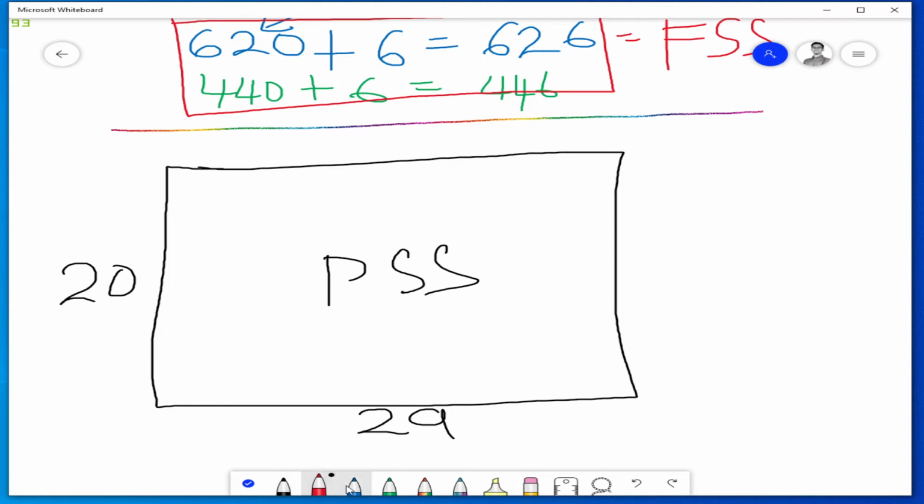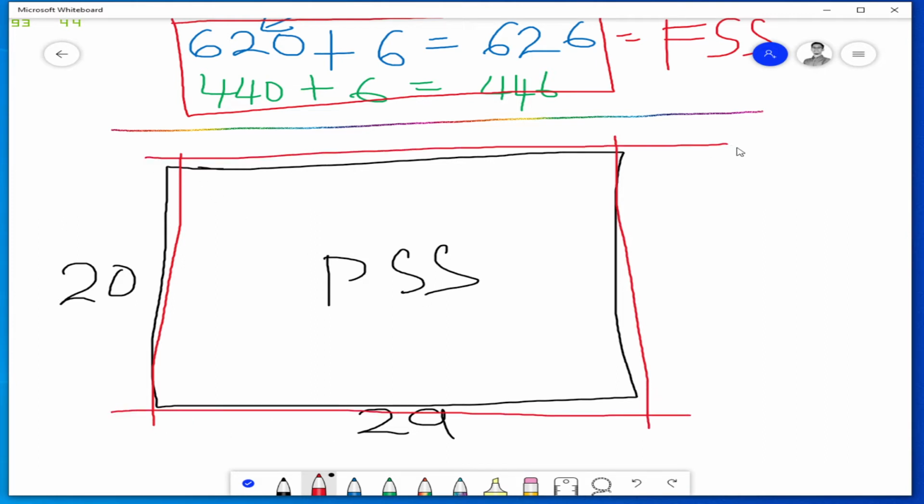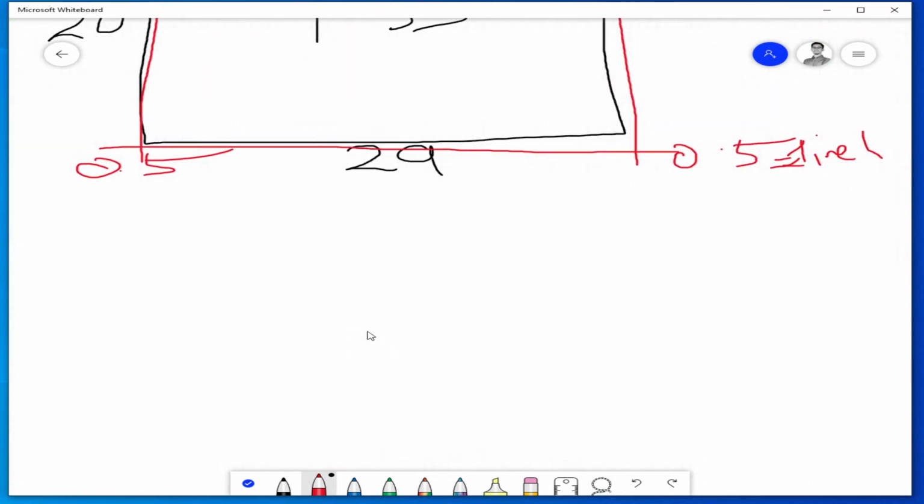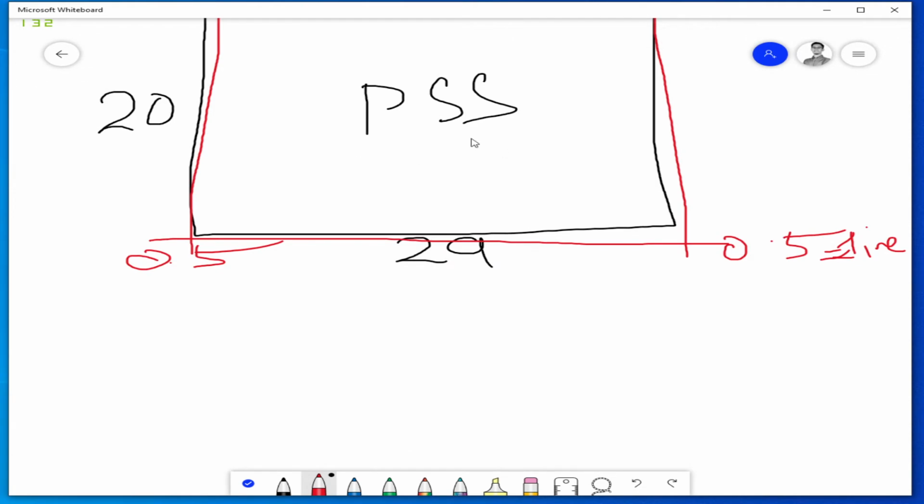Now remember I said about half an inch. Okay, so kita kena tolak ni 0.5 inch, 0.5 inch, 0.5 inch. 0.5 campur 0.5 bersamaan dengan 1 inch lah. Betul tak? So what is the final PSS numbers?